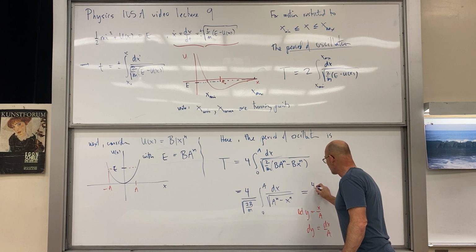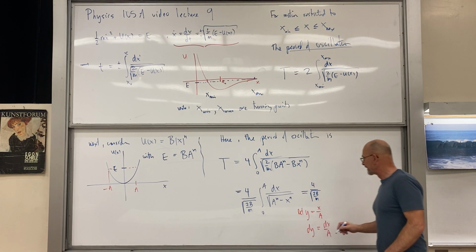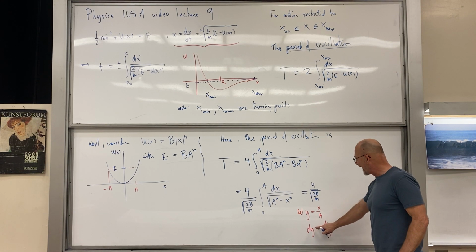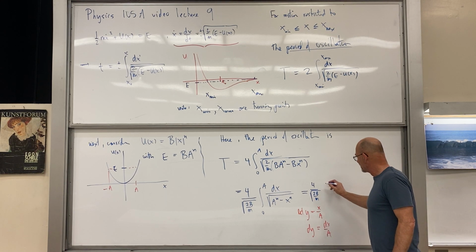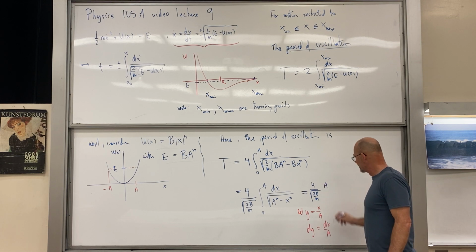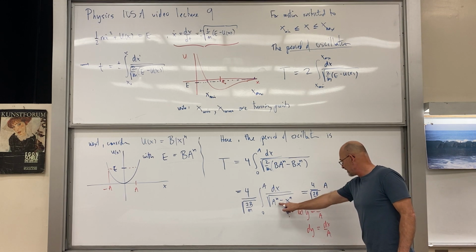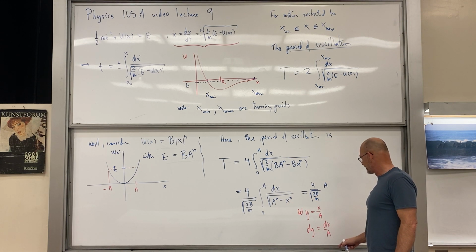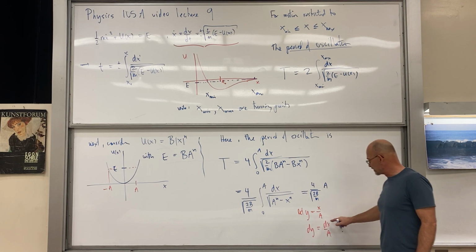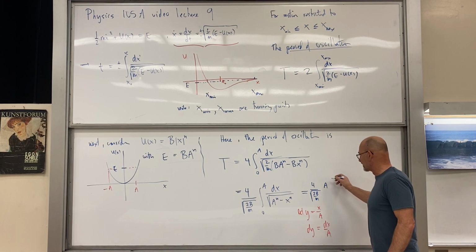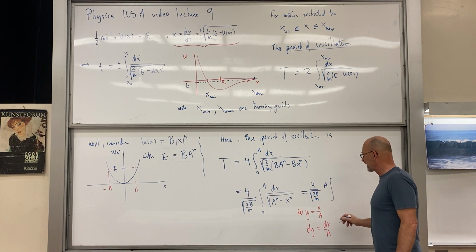So we still have the 4 over root 2b over m. Let's see what we get now. So our dx is equal to a times dy. We're going to have an a here. And our a to the n, we're going to pull out. So actually what we're going to do is our x to the n is going to be, let's just go ahead and write it out before we go to a.